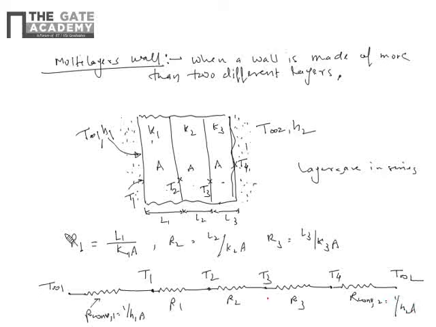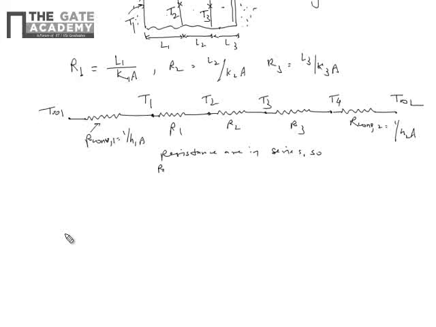Since all these resistances are in series, R equivalent is nothing but R convection 1 plus R1 plus R2 plus R3 plus R convection 2.